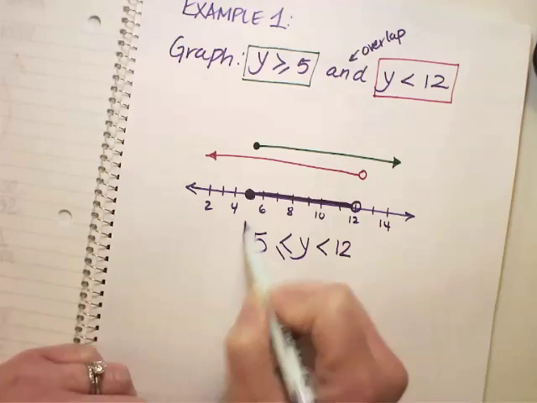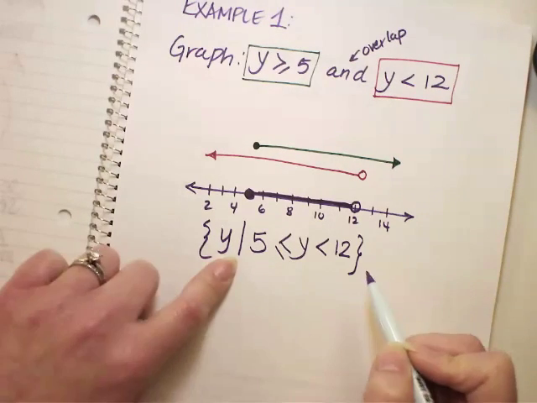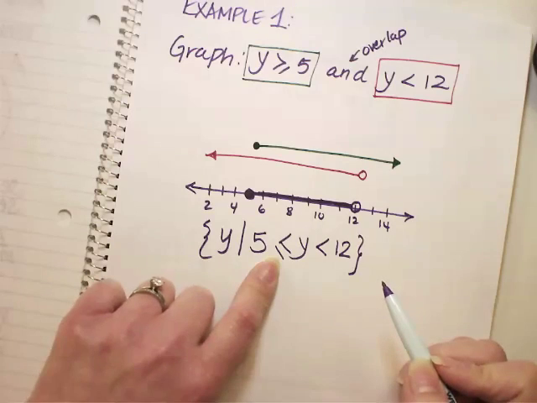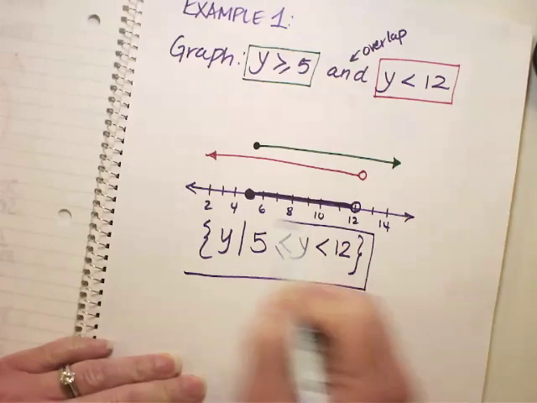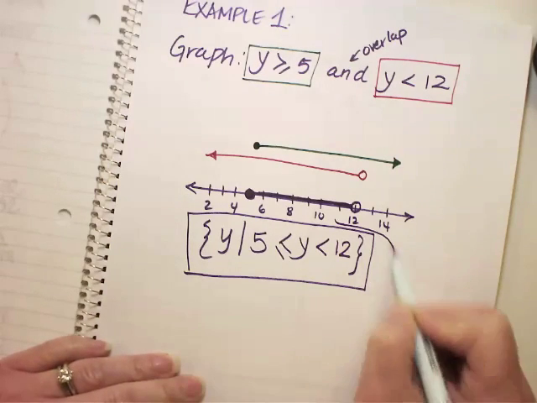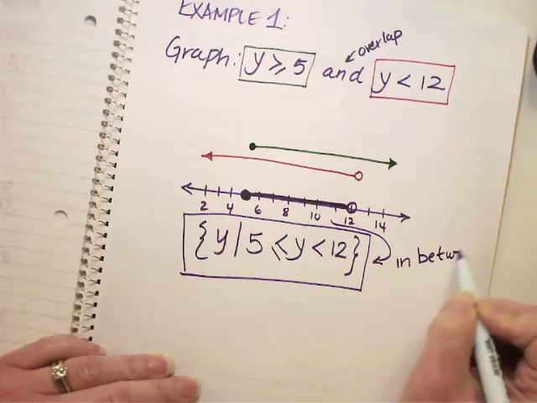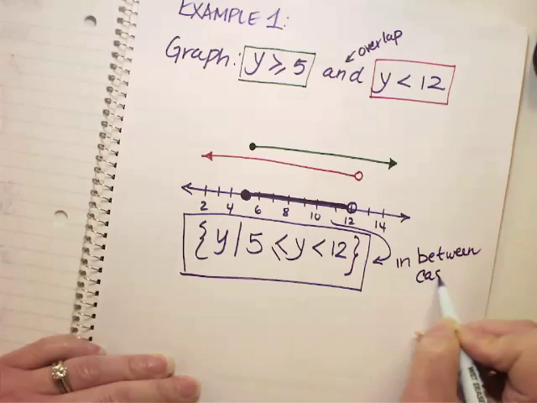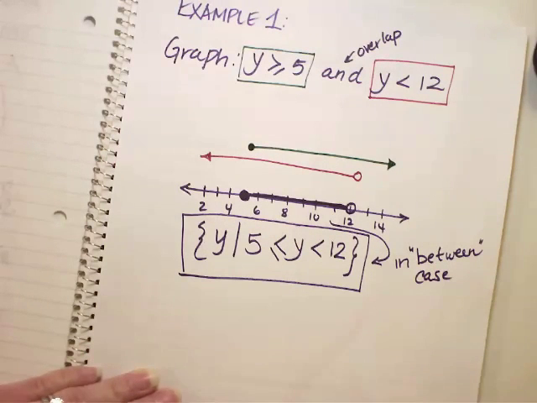Okay? And this is variable y is what we're using. So y such that 5 is less than or equal to y is less than 12 is the inequality for this graph. And this we call an in-between case. Okay, because it's between 5 and 12, not including 12.